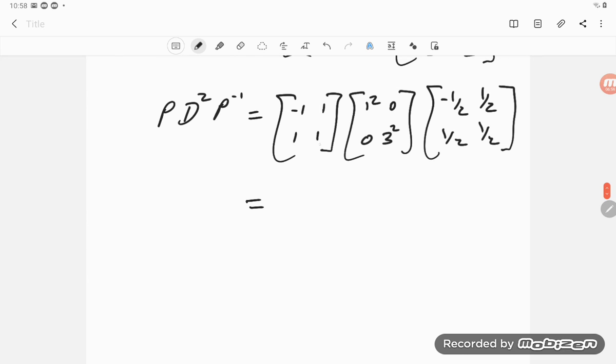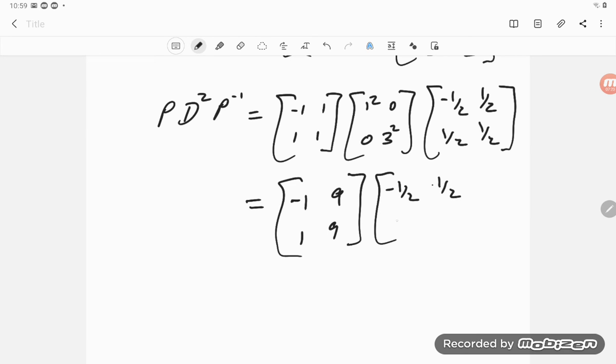And so this is equal to, well, I'll get 1 and 9 on those diagonals, so I'll get minus 1 times 1, so minus 1, and then 1 times 9, I'll get 9, 1, and 9, like that, all times minus 1/2, 1/2, 1/2, and 1/2.